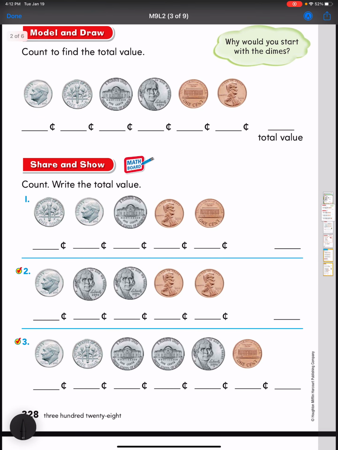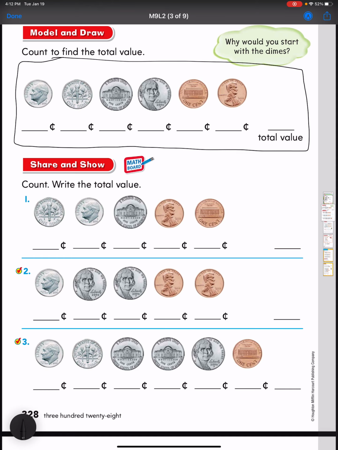So let's look at our next page. Let me scroll. All right, we're going to start with this model and draw. Look at how our coins are arranged. Notice how I have dimes, then nickels, then pennies.